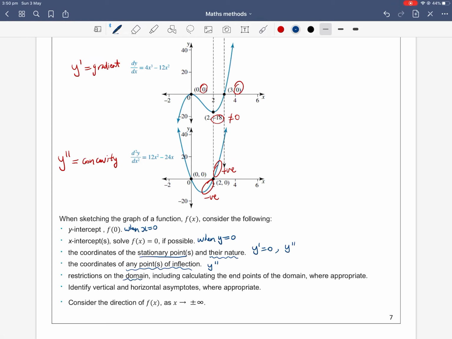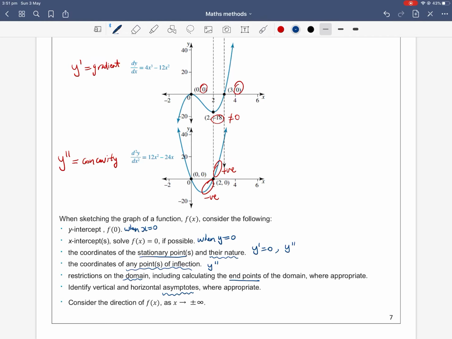Looking at the domain, in particular, if you were given a domain, then you would have to calculate the corresponding endpoints, the y value, so you know where to stop drawing your curve. If relevant, any asymptotes, so are there any values for which you don't have any x values, because you're dividing by 0, for example.